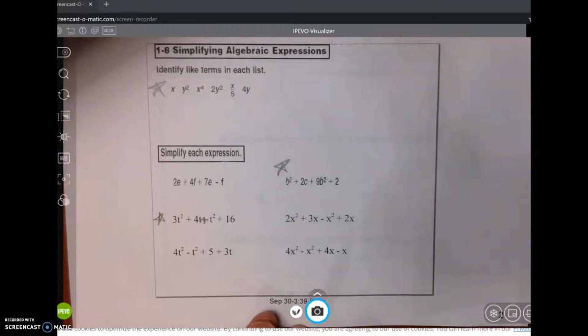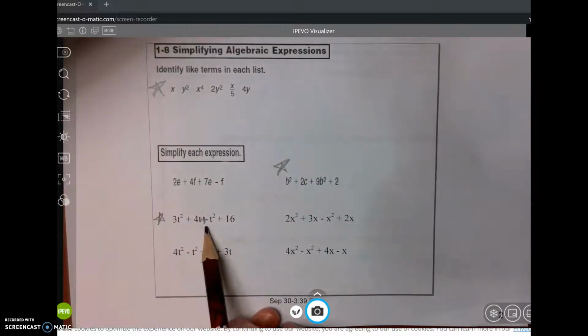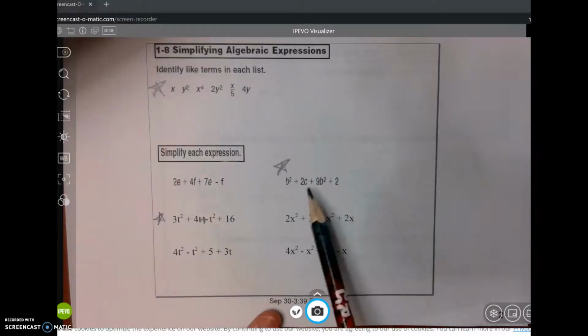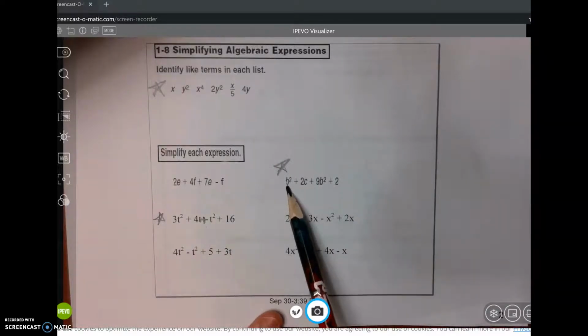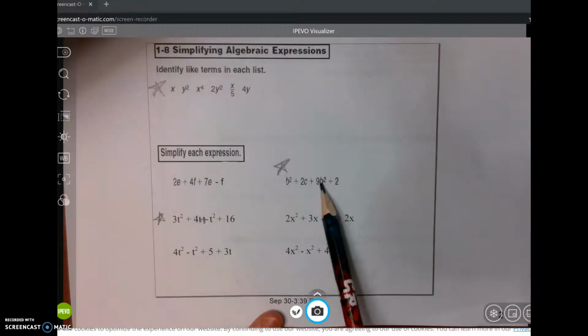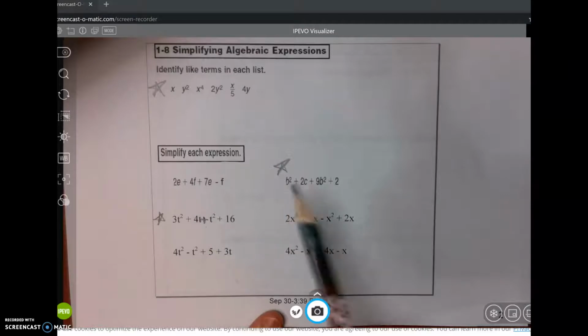Okay, so I said that we're going to do just all positive for the quiz, so I'm just changing that to plus. Alright, so what I want to do is find letters, the variable, and the exponent that's exactly the same. So I have b squared there and b squared there, so I want to combine these because these are like terms.